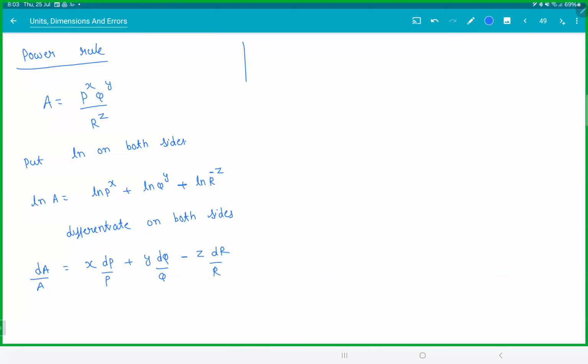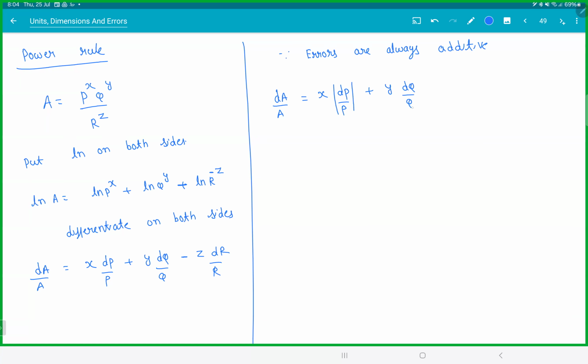Now, errors are always additive. So we ignore the minus sign, we just put a mod. So dA by A, the error in A by A is given by x times dP by P, put a modulus, plus y dQ by Q, modulus, plus z dR by R. So just put a modulus.